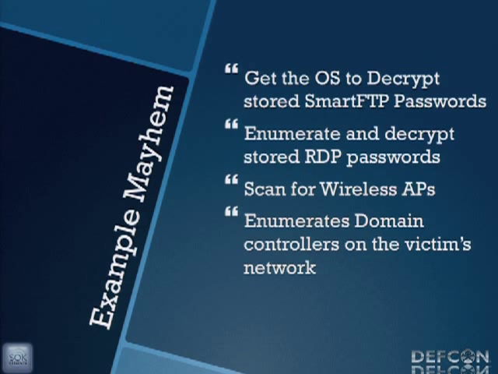There are some Post modules that will actually use the wireless API, and with that we can get any stored profiles, so saved passwords for wireless networks. We can make the wireless card on our victim actively scan for new networks, disconnect from networks, connect to new networks.